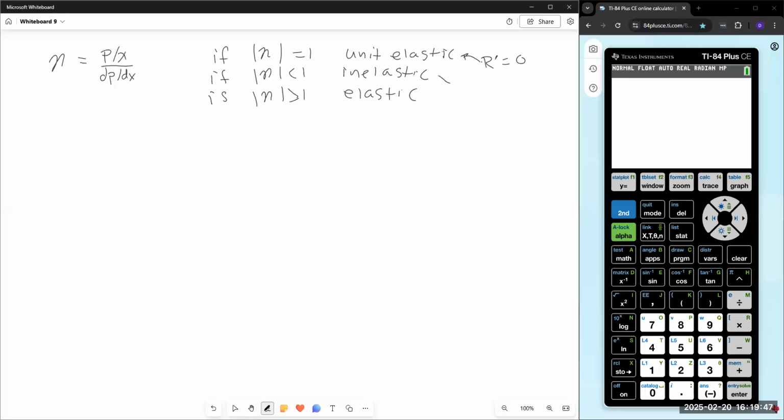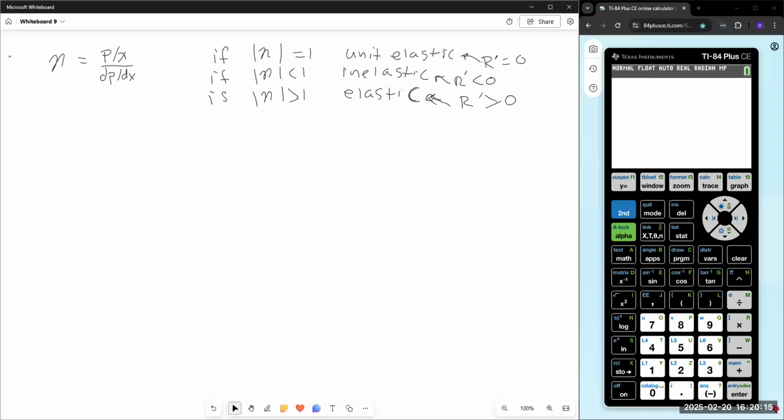This is if R prime is less than 0. And this is if R prime is greater than 0. We'll see when we look at our revenue curves here. So let's go ahead and get started here with number 27 from the textbook.